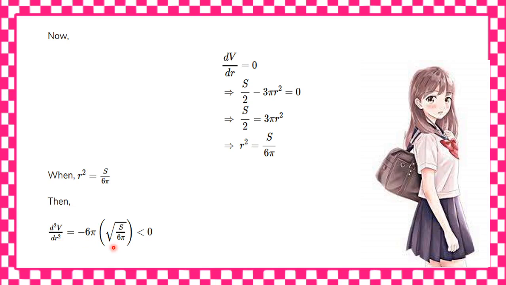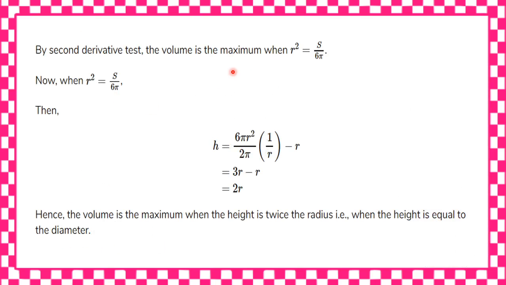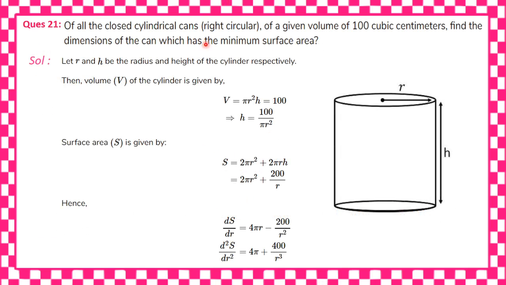Now the second derivative at this critical point is something negative. So it means it's a point of local maxima when r square is equal to S upon 6 pi. Now calculate h when r square is this. So it is 3r minus r, which is 2r. So that's what we wanted to prove, that height is equal to diameter, or twice the radius.